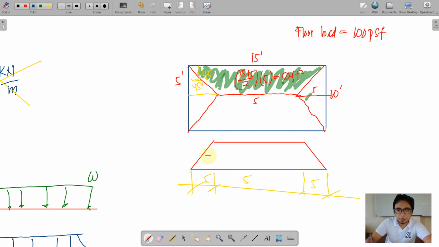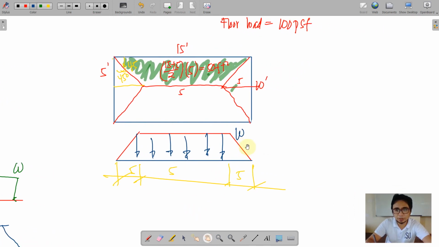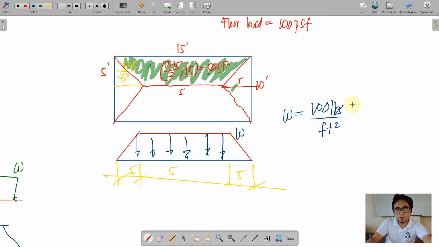So this is our W now. For distributed load, you might do it this way. Again, this is just a presentation. You might do it that W is equal to 100 pounds per feet, and you eventually multiply that by 50.